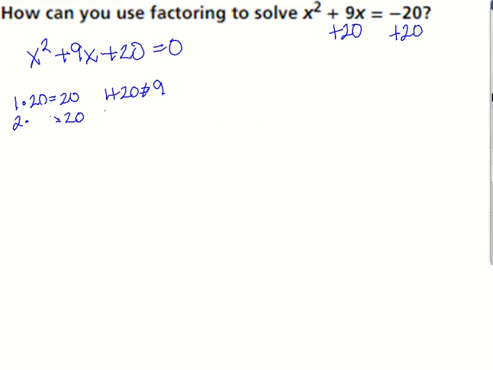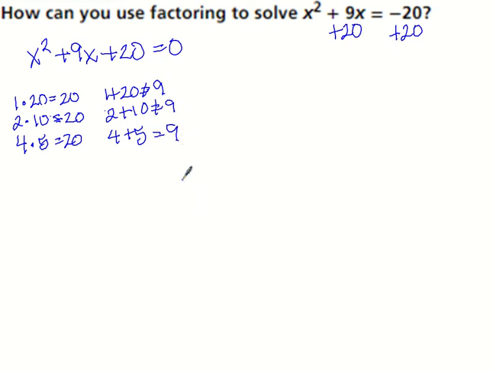I meant to put 10 here. But 2 plus 10 is not 9. 4 times 5 is 20, and 4 plus 5 does, in fact, equal 9. So these would be my factors, right? 4 and 5. Remember, we write it as x plus 4, and then x plus 5, and we set it equal to 0. So this is the factored form of this.